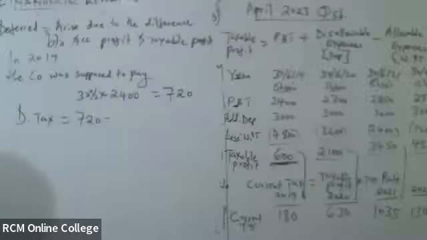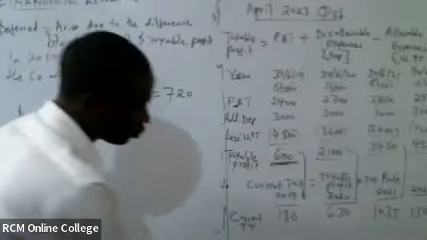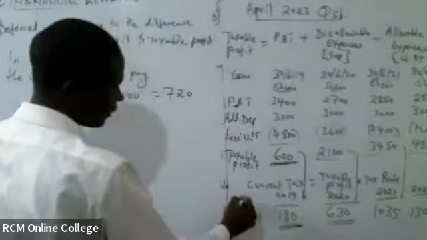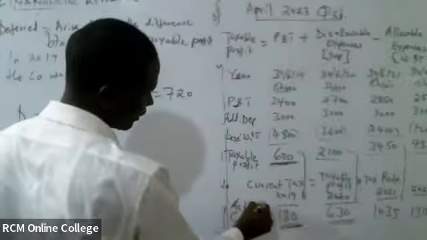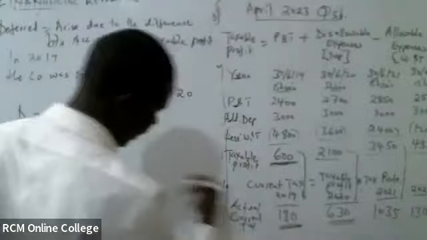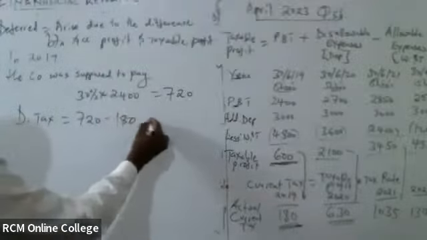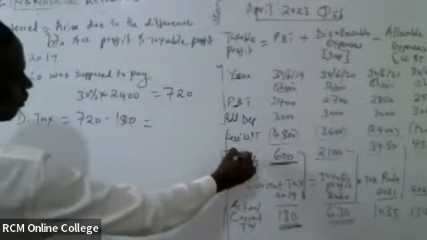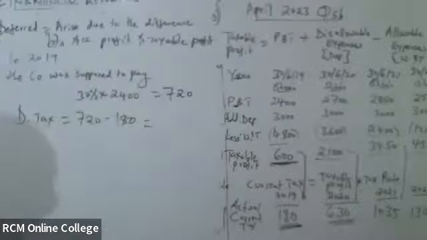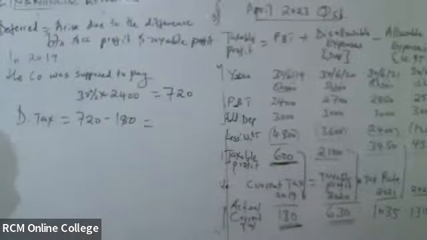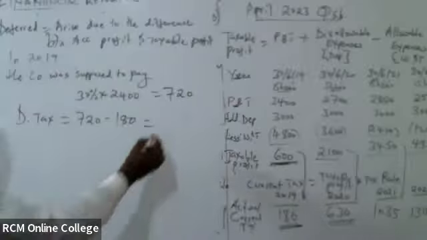The actual tax paid is this, the current tax. This is like the actual tax. If you less the actual tax from the taxable profit, of course 30% of the taxable, what is the difference? 540.